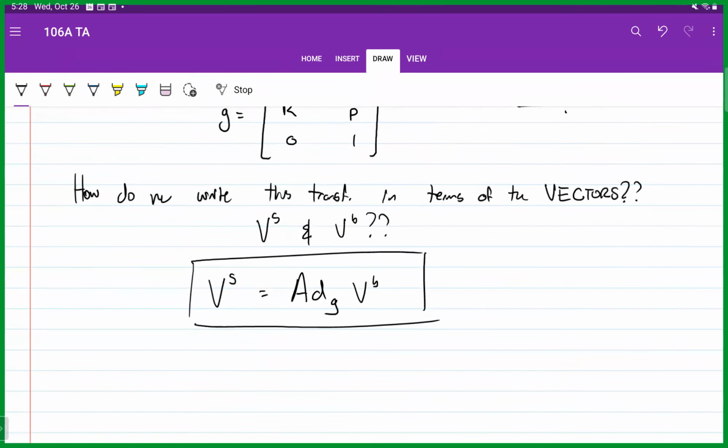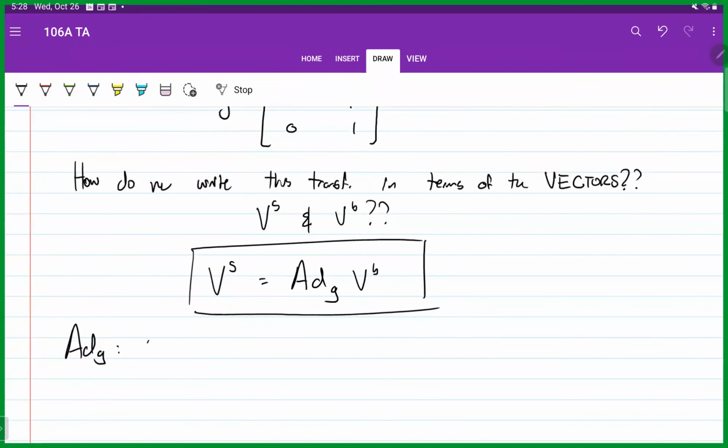The adjoint of G is a matrix that transforms velocities from our body frame into the spatial frame.